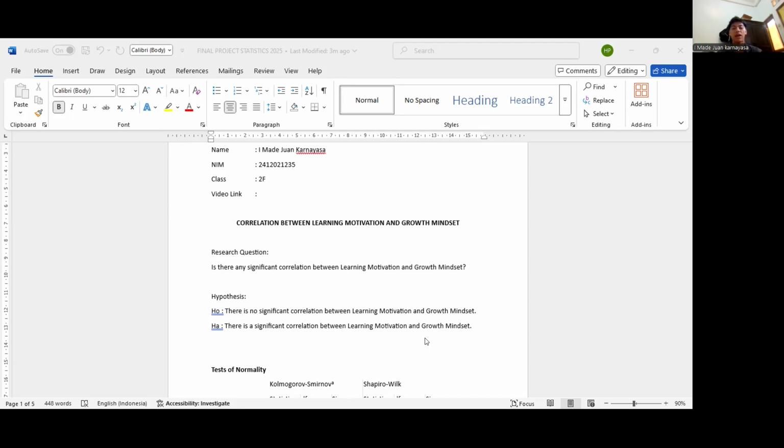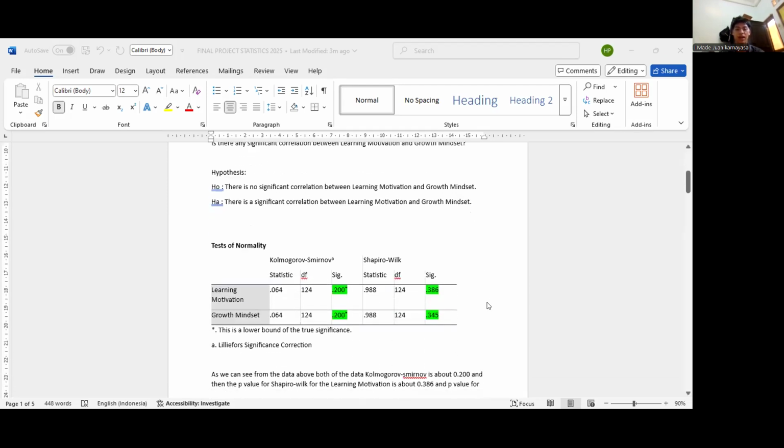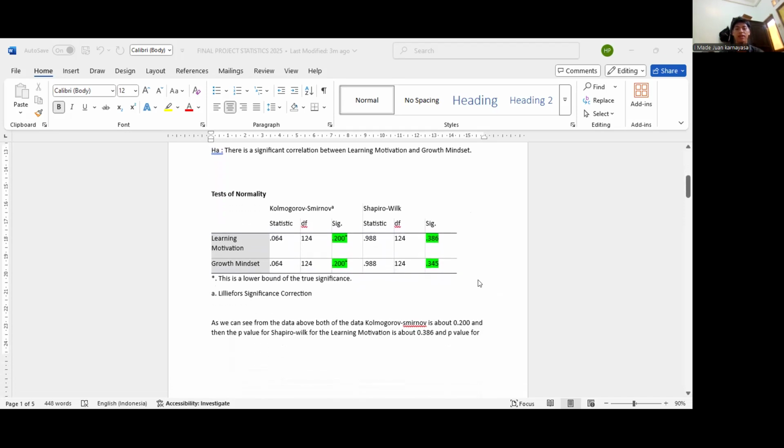Before we analyze the data, learning motivation and growth mindset, we first check for data normality. This is my data normality.